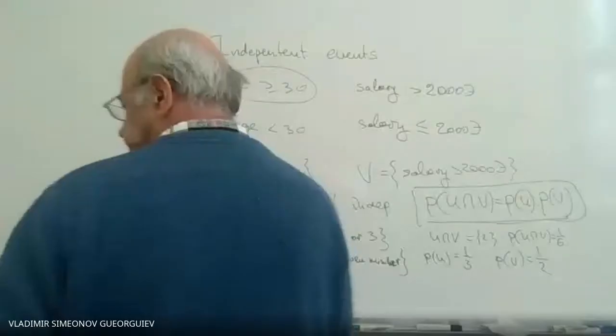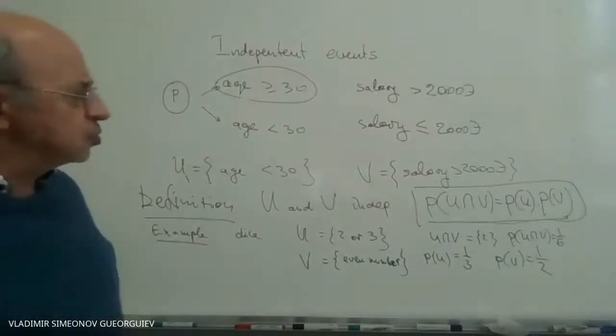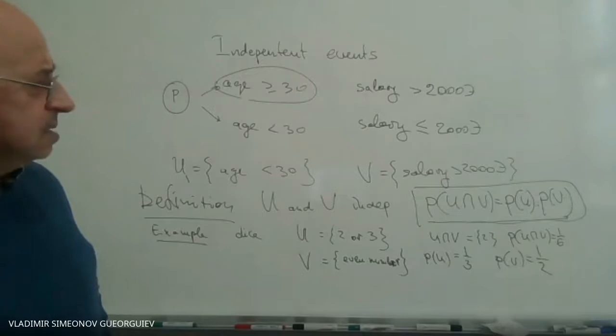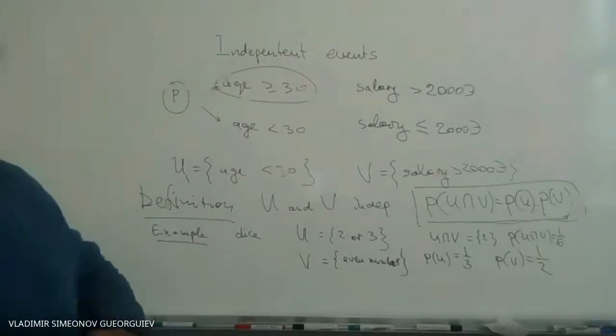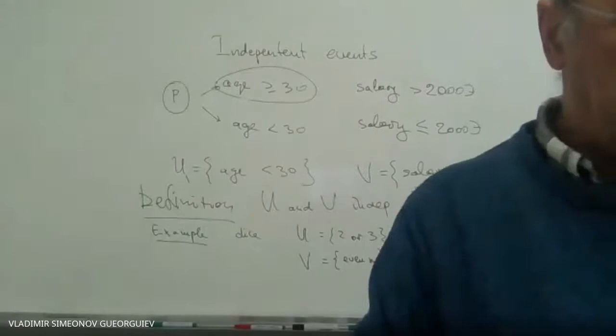So this seems to be the essential part in our introduction to probability. And with this, we finished the part that is connected with equidistributional probabilities.